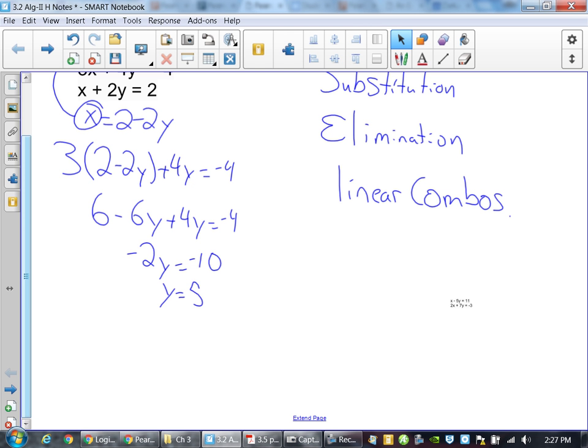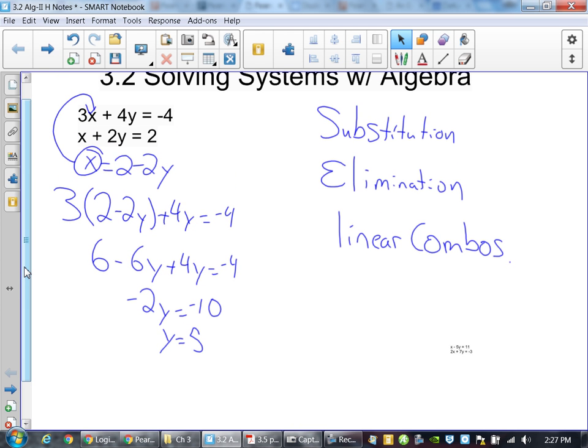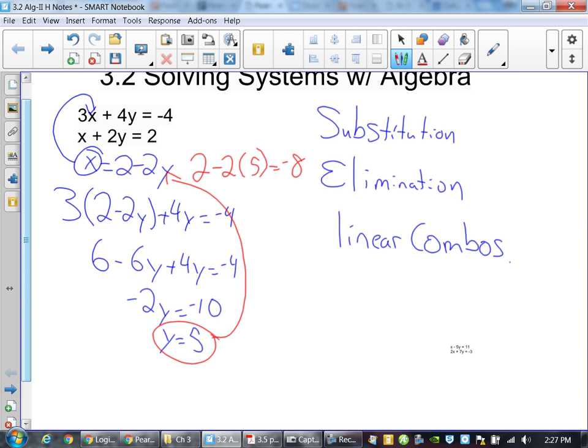Can you scroll up a little bit so I can see that? And now we remember this is how I solve the equation to get y. Then I just substitute that back in to get x. So I take this back to here: 2 minus 2 times 5 is negative 8.